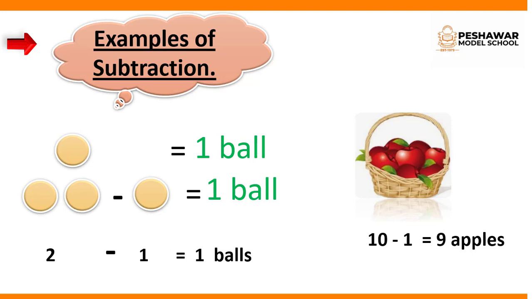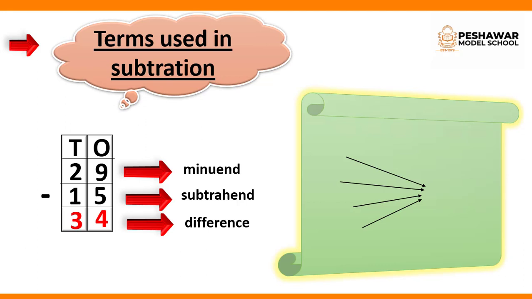Dear students, do you know the terms used for the numbers in subtraction? The number from which the other number is subtracted is called the minuend. The number that is subtracted is called the subtrahend, and the answer we get after the subtraction operation is called the difference.